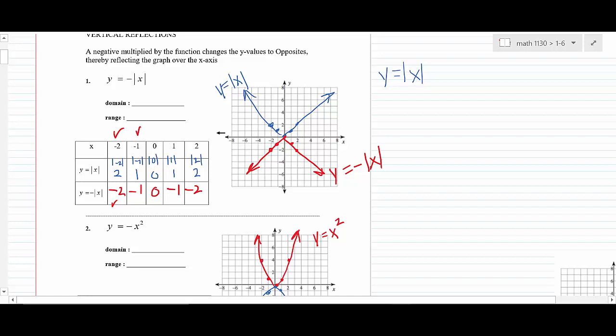So what we're going to write if the domain's all real numbers, how do you write all real numbers in interval notation? Negative infinity, infinity. Okay, good. When I'm asking for the range, what are you looking for? Y values. Okay, don't look at the blue graph, just the red one. So that's really ranging from forever down there until we get to 0.